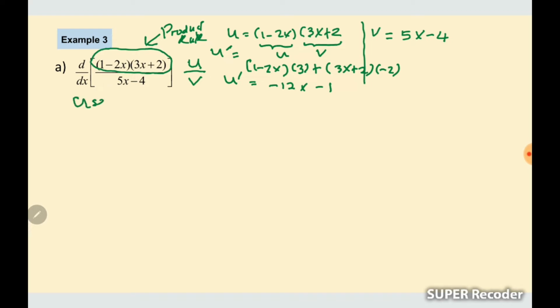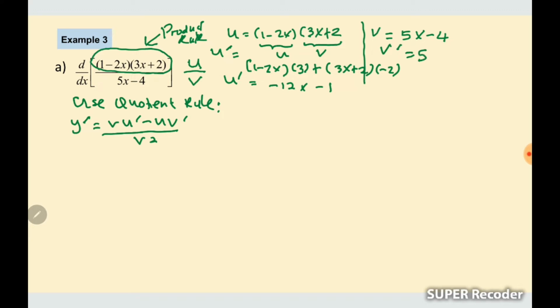To solve the question overall, we need to use the quotient rule. So remember the rule: y prime equals (v u prime minus u v prime) over v squared. So we have to find v prime. v prime is 5. So substitute u prime, v and v prime into the formula.